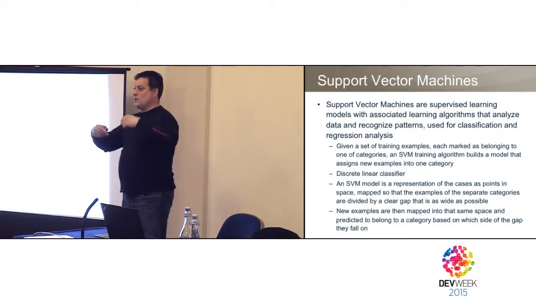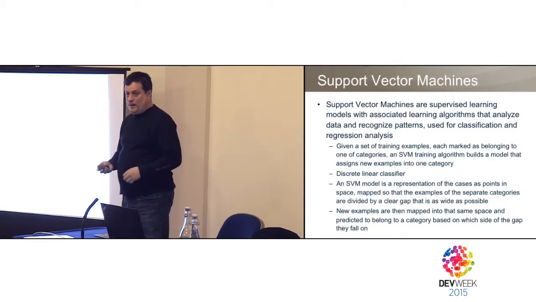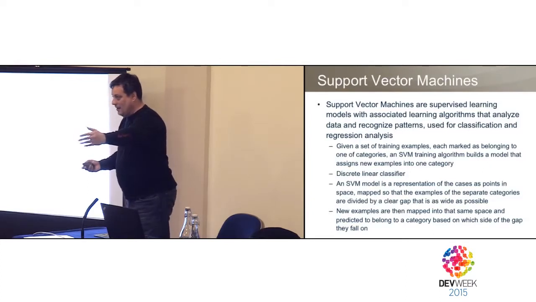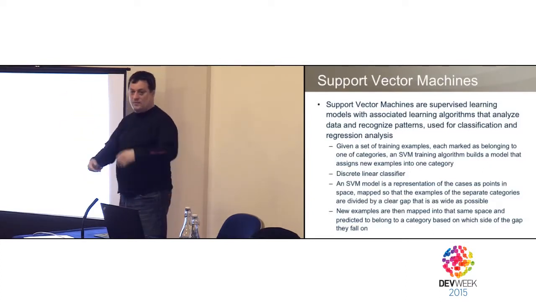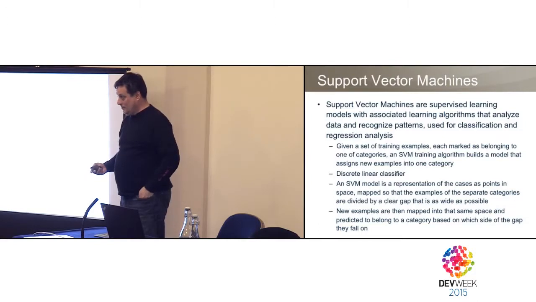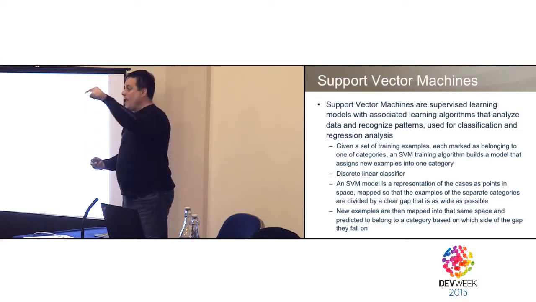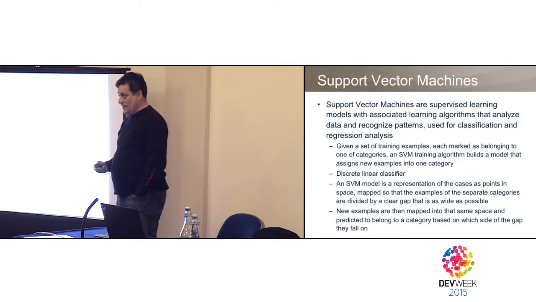And if I use more input variables, like I have three-dimensional space, then I'm searching for a plane. And in n-dimensional space, I'm searching for a hyperplane that splits the data. So if I have binary target variable, I'm searching for one hyperplane. If I have multiple states, I'm searching for n-1 hyperplanes.